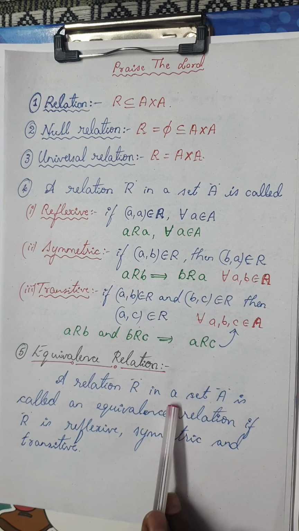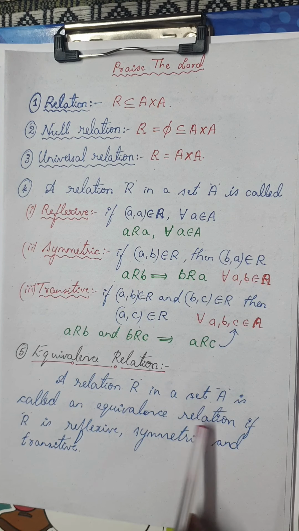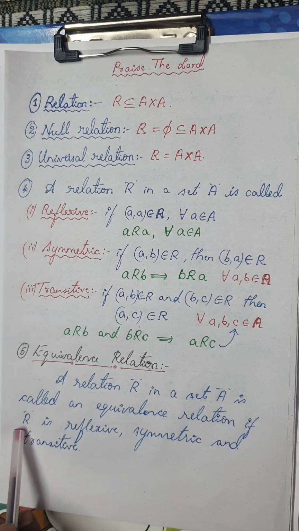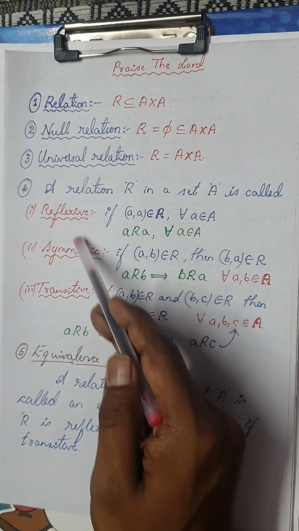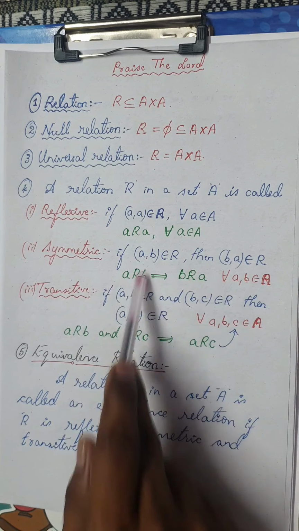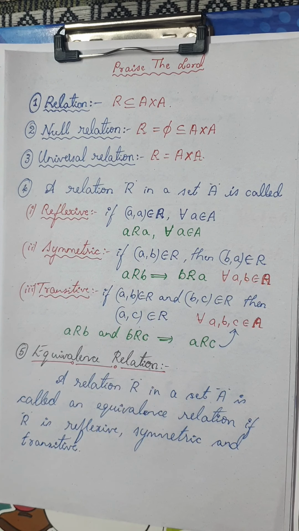A relation R in a set A is called an equivalence relation if R is reflexive, symmetric and transitive. That means when all these 3 laws are satisfied, we call that relation an equivalence relation.